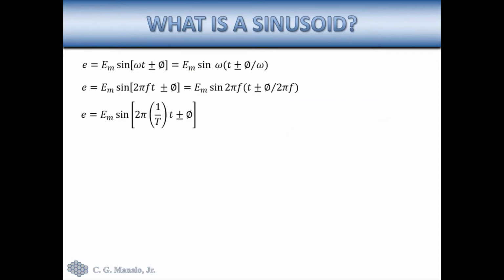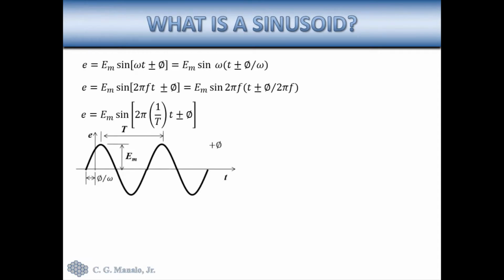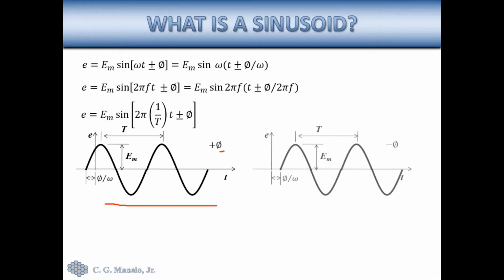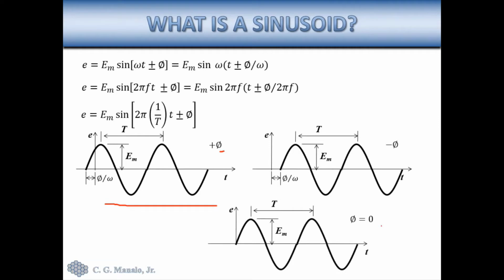This is how the sinusoid looks given its mathematical expression. So if the phase angle here is positive, it would look something like this, while if it is negative, it would look like this. And if it is 0, it would look like this. So the difference here is where the sinusoid starts.